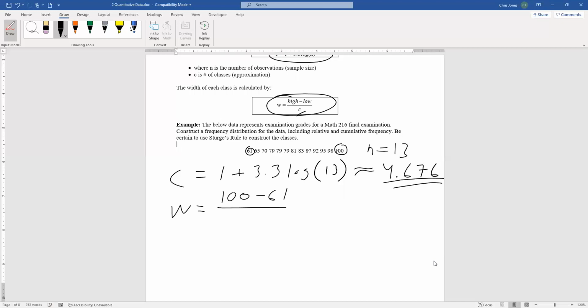Well, it's going to be that 4.676. Now, be careful. When we're putting this into the calculator, we want to make sure that we put the numerator in parentheses. Right? So the width for this is going to be, if we approximate it, just give me 1 second, and I'm computing off to the side.